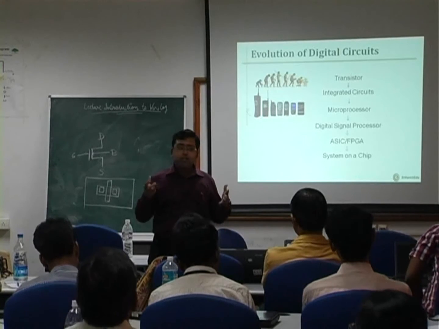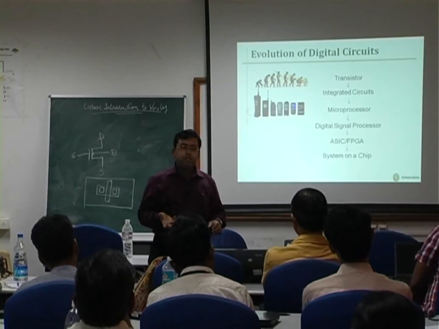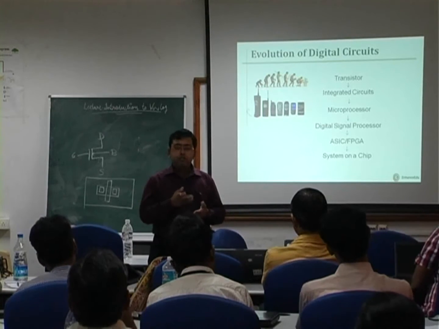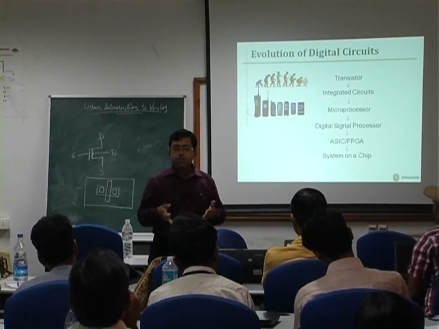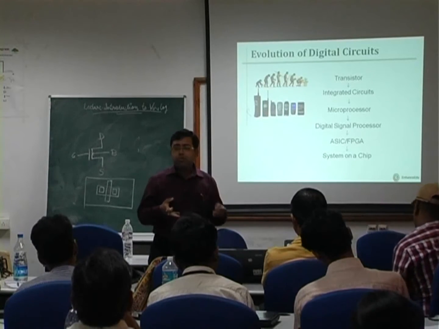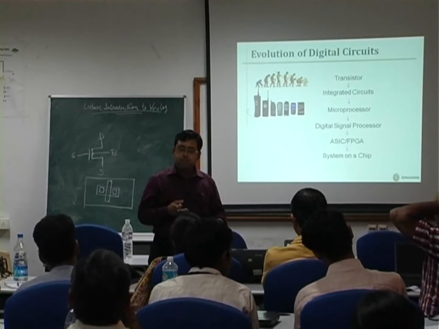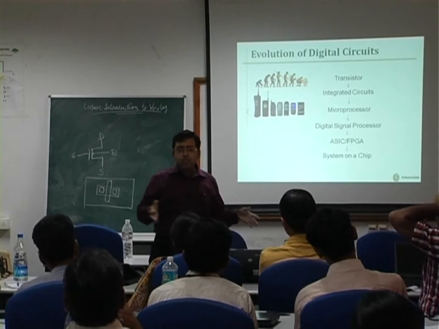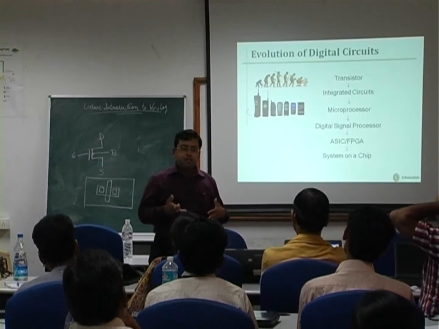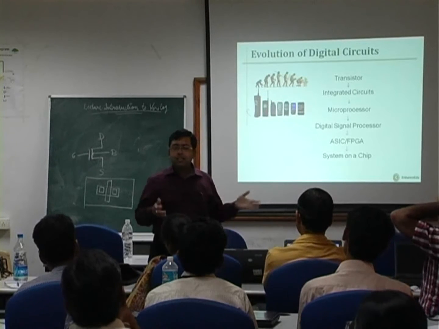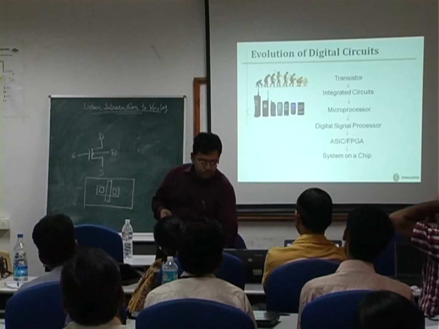Even for very high performance applications, where you are very critical about the time within which you need to produce your results, and you don't bother about the cost, you go for an ASIC. So that is how chip design and electronic circuits have seen so much transformation over the years.